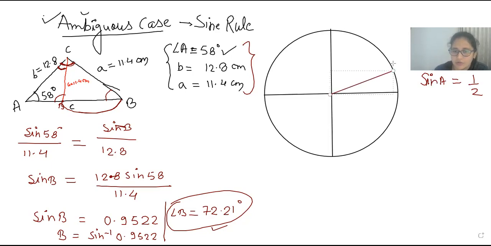Where is sine 1/2? Sine 1/2 is here, where the angle is equal to 30 degrees. Sine 30 is equal to 1/2. That means here √3/2 over 1/2. So in this whole circle, you can tell the value of sine 1/2 is not only one case. You can get 1/2 at two places.